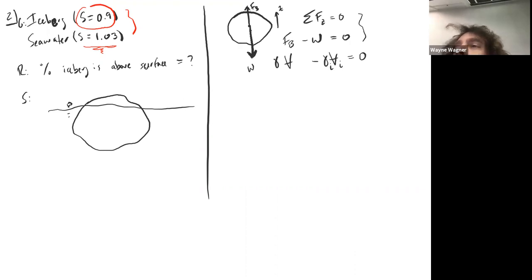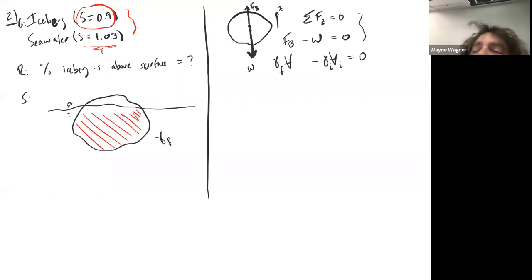And so for the buoyancy, the gamma times volume, well, the gamma has to do with the fluid that's around it. So this is the gamma F. I'm going to call that gamma F, the fluid that's around the iceberg. And then the volume that matters is the volume that is displaced. So that's the volume that would have that fluid but does not have that fluid.